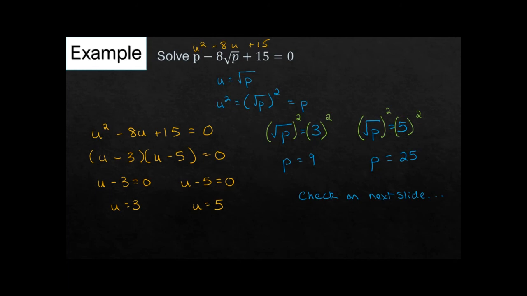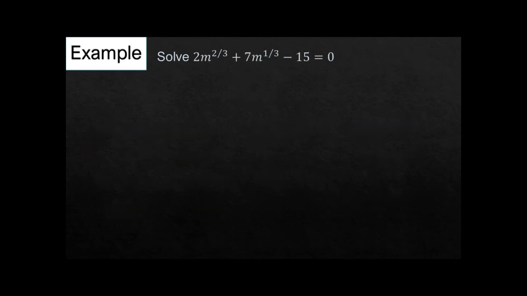Okay, so now we're going to move to the one with the fractions, which I think is probably the hardest of these to solve, just because you have fraction exponents and they're just weird. So we've got 2m to the 2/3 plus 7m to the 1/3 minus 15.